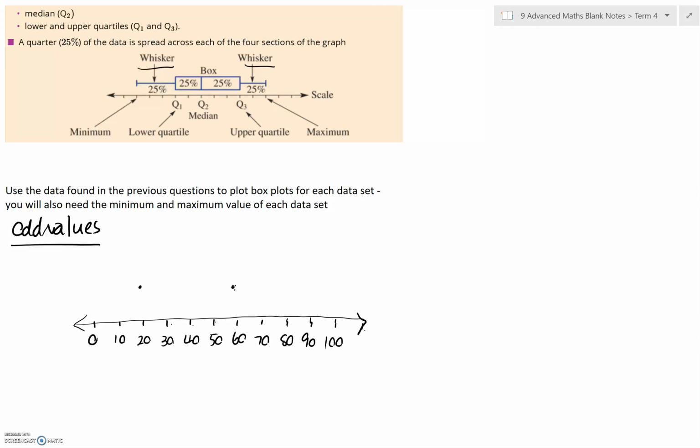Our median was 73, so somewhere around there. Our Q3 is 83, so again somewhere around there, and our highest value was 96, so let's say approximately there. So there are 5 dots. They're also called the 5-number summary.